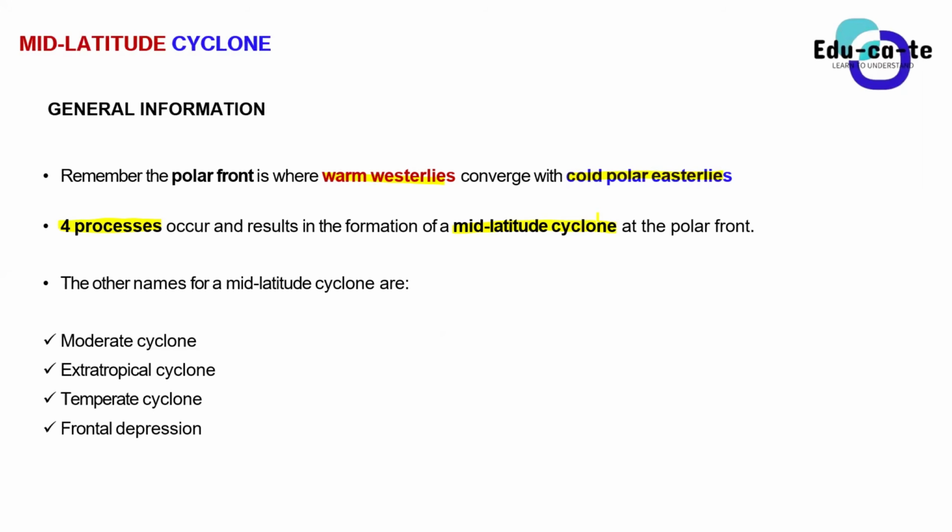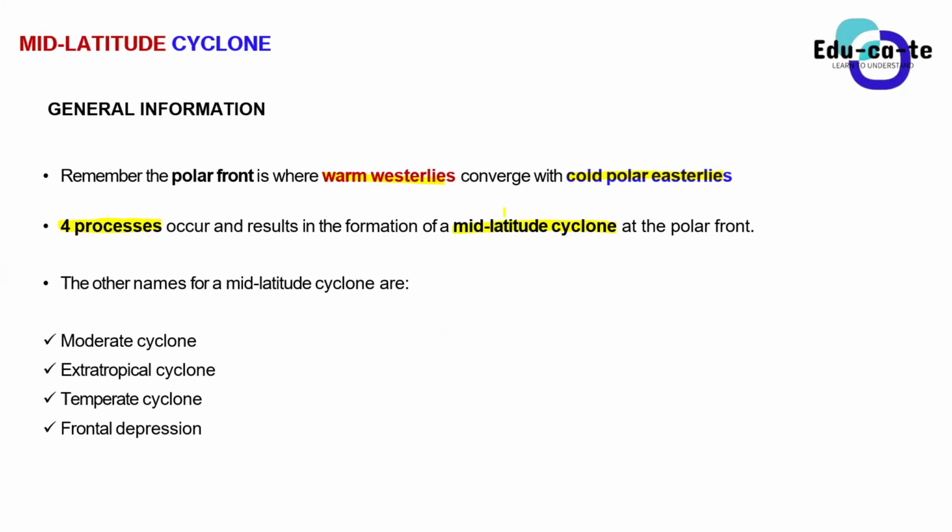We are most interested in these 2 winds, the warm westerlies and the cold polar easterlies. Most of the times when you are revising, you will have to revise all of that just to refresh your mind.